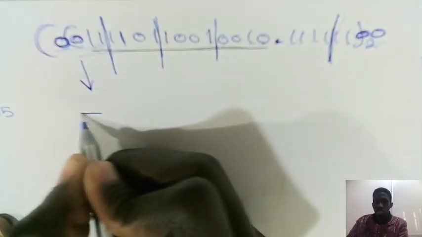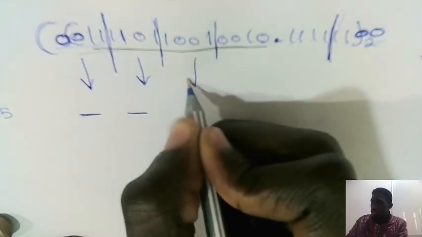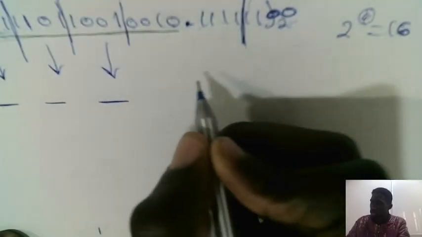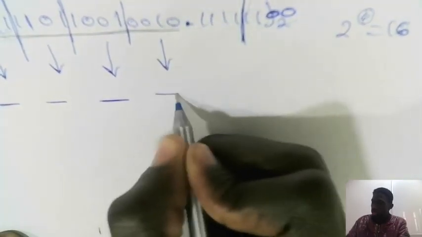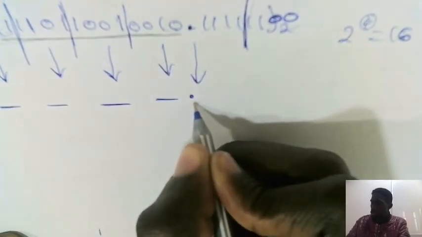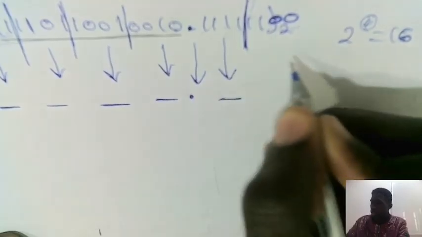The final step is to get your digits. Each group of 4 bits is going to give me the corresponding base 16 digit. We have a decimal point here, then we have something here again, and something here again.